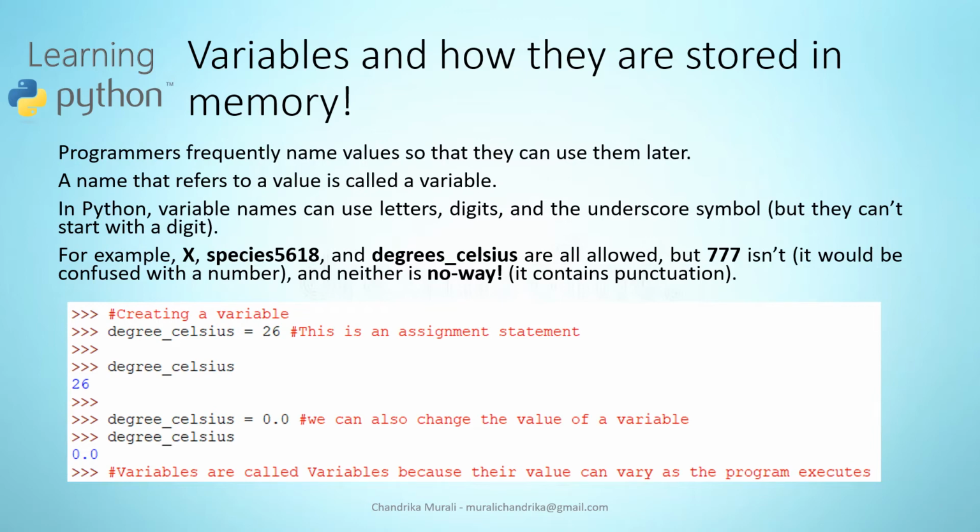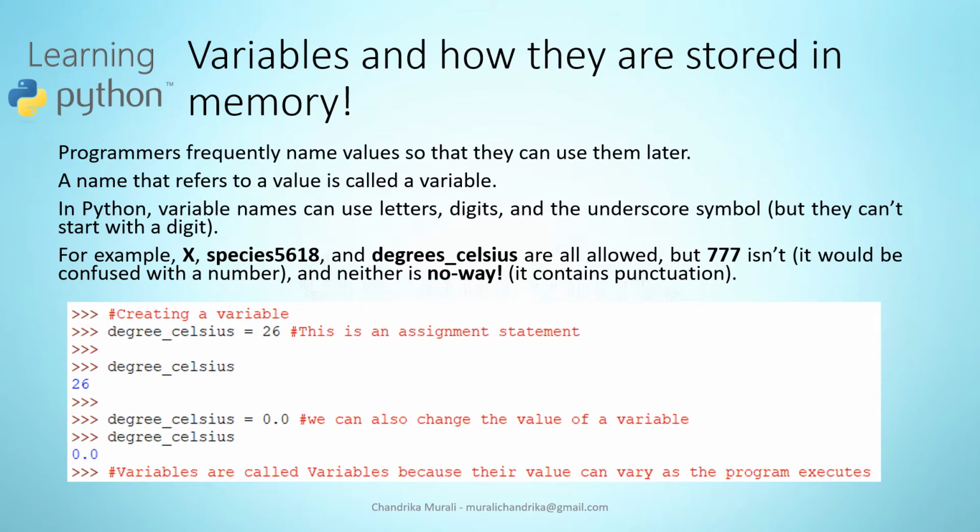You cannot use any number as the name of the variable, and neither can you use a name with a hyphen and an exclamation mark, which are both special symbols. You're not allowed to use any special symbols other than underscore in the variable name.